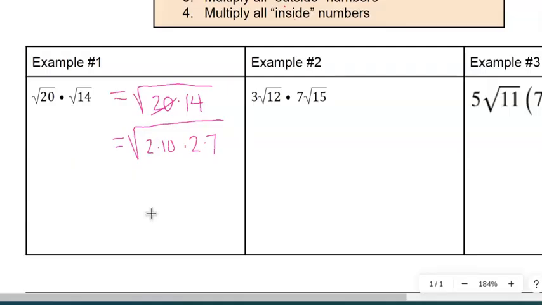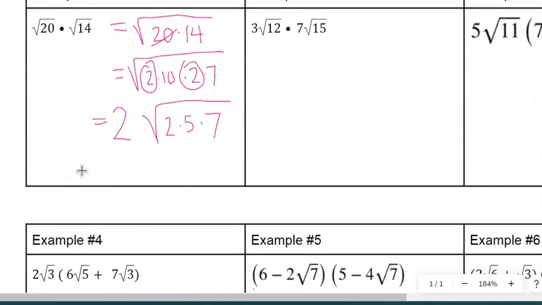It's really going to be a choice. I like to take my doubles out as soon as I can, just so I can focus on what's left. So a double 2 is going to come outside, and then I've got the radical, and I want to break down the 10. So 10 is 2 times 5, and I have the 7.